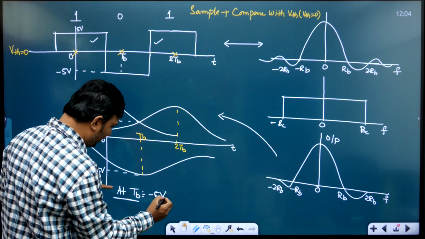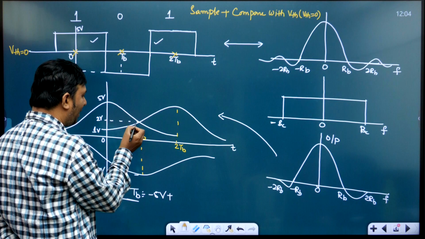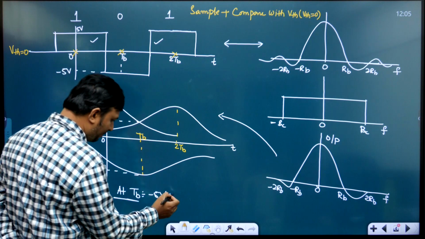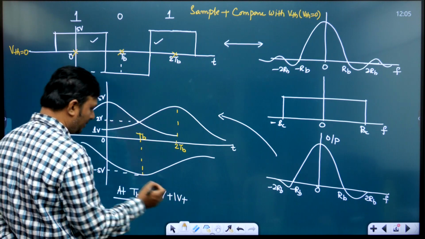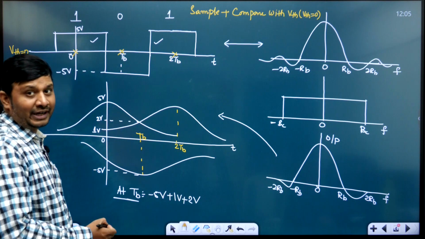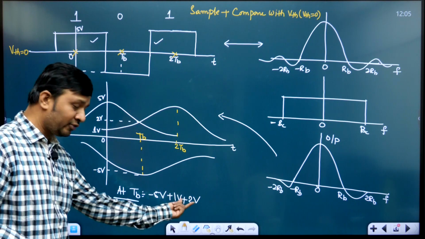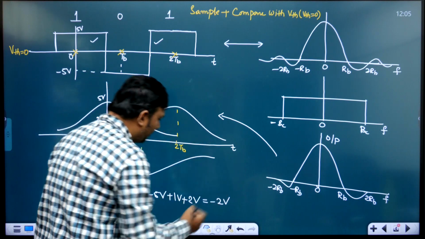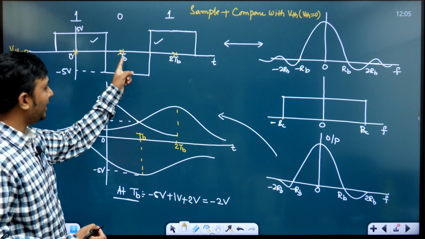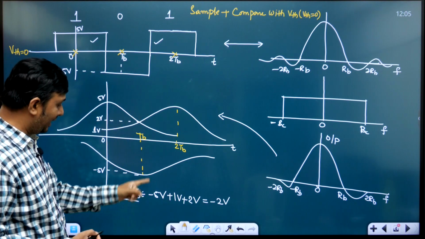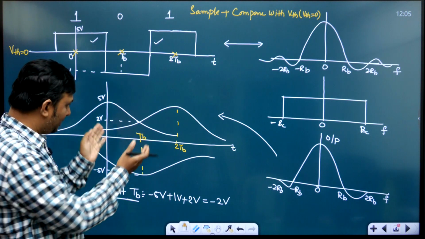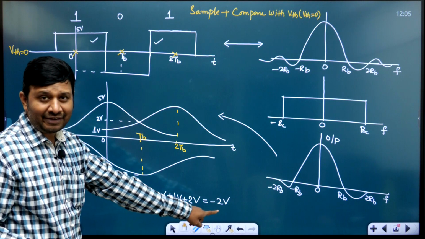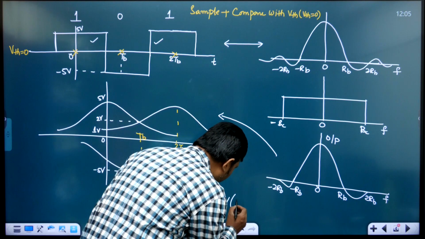Minus 5 volts from this one, plus I am having effect from the adjacent pulses also: from the third pulse plus 1 volt, and from the first pulse 2 volts. The effect is also there at TB. These values also get added up, and what I get is minus 2 volts. Ideally I must get minus 5 volts, but due to the involvement of the adjacent pulses, the voltage instead of being minus 5 became minus 2 volts, and this is without noise.